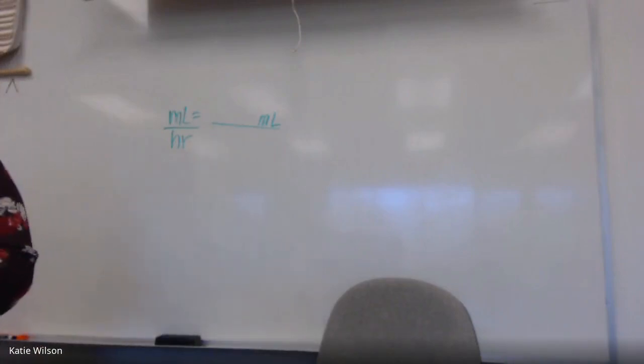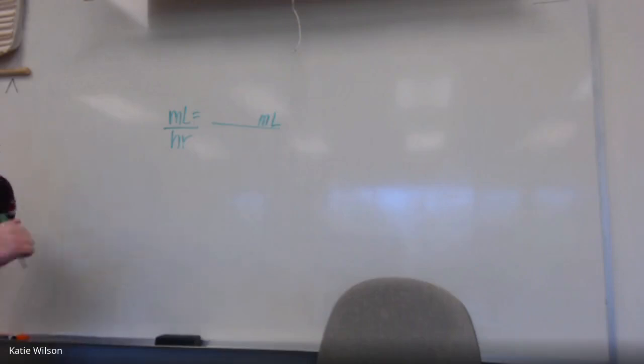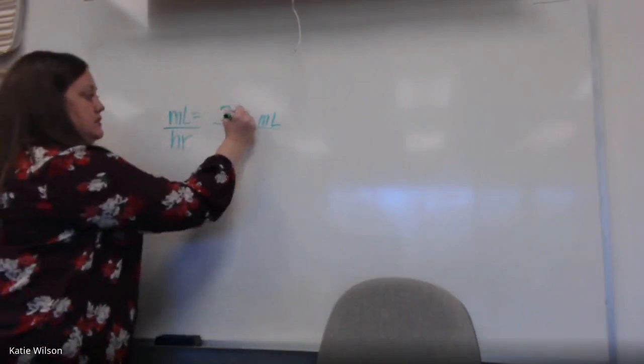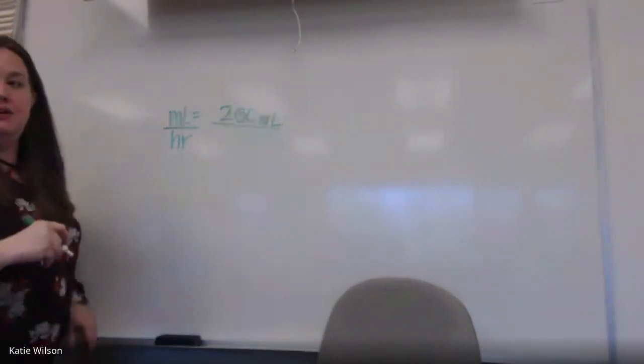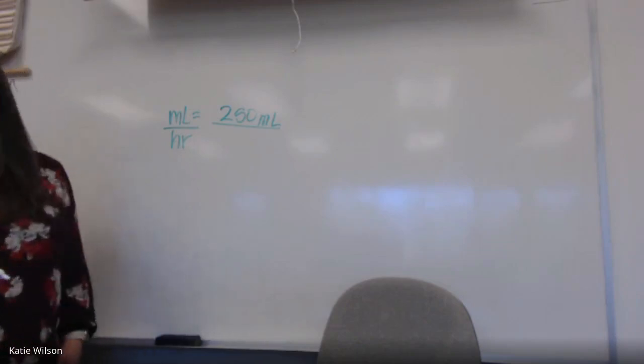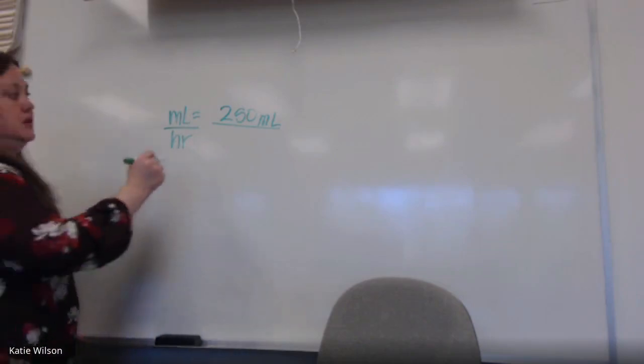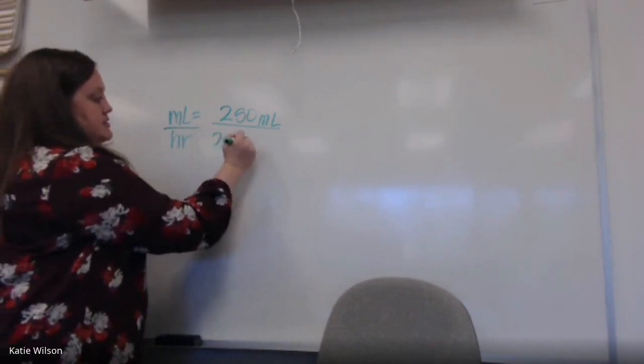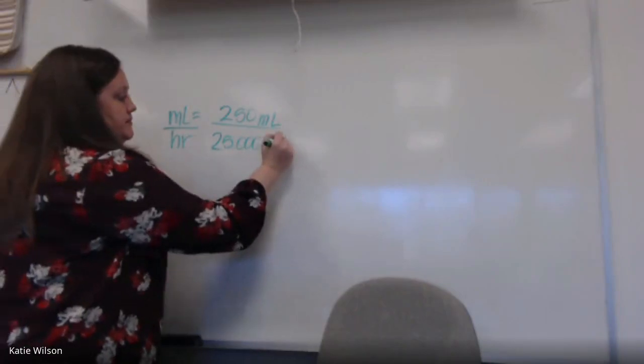Okay. So what do we have that's related to milliliters? We have 250 milliliters. And contained in that 250 milliliters, what do we have? 25,000 units of medicine.